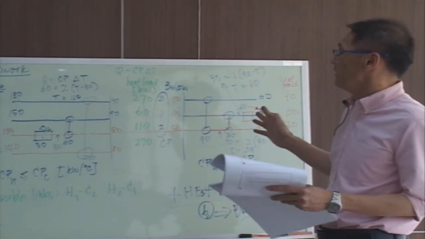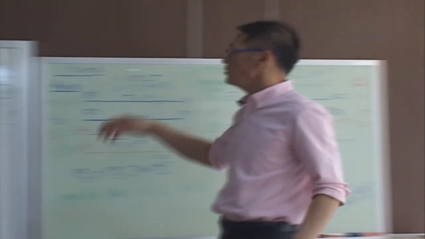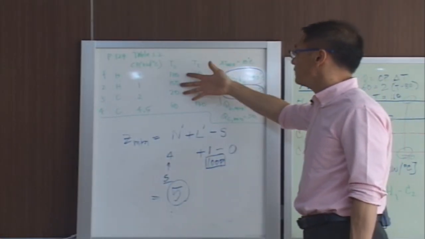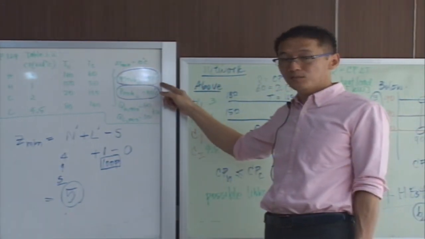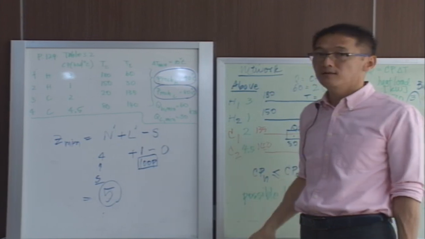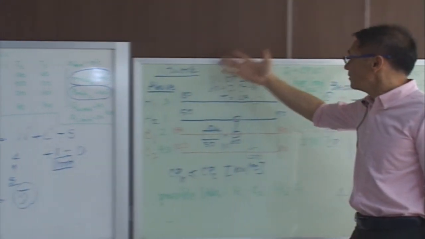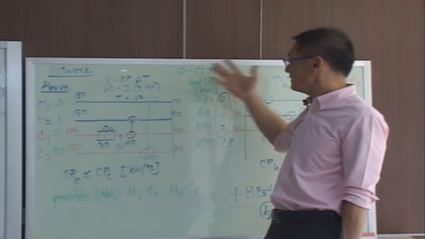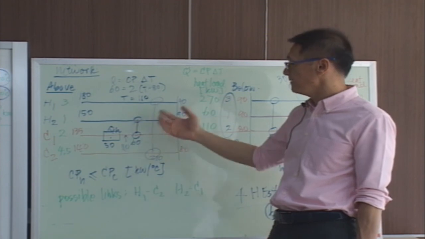So that's all for this example. Now, according to the stream data that we can extract from the process flow diagram, we calculate for the pinch points, we calculate for the minimum requirement for utility from both sides, and then we can understand the connection, the network of heat exchangers in the system.